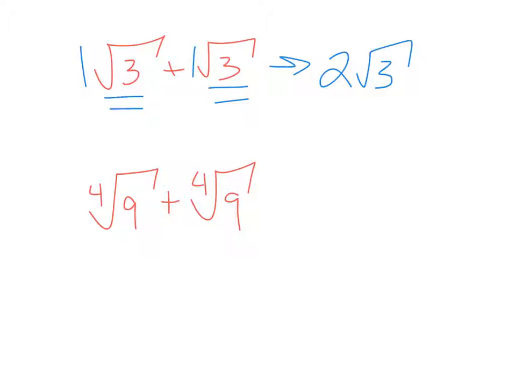And so then you just say, well, now we have 2 radical 3s. Yeah, so you got one hand and then another hand. 2 hands. So what is this one? Is that okay?